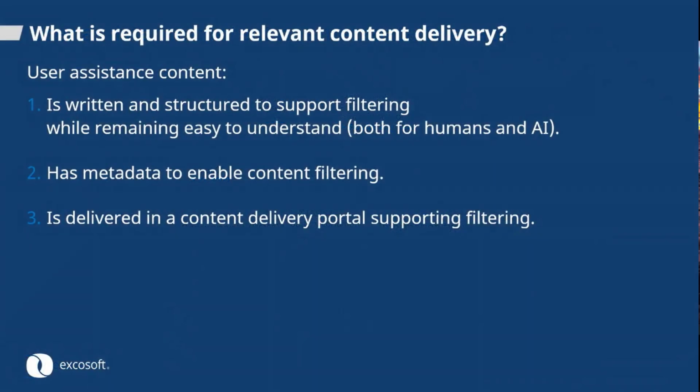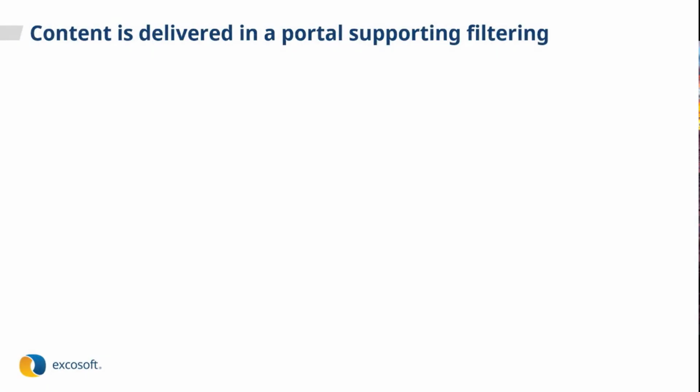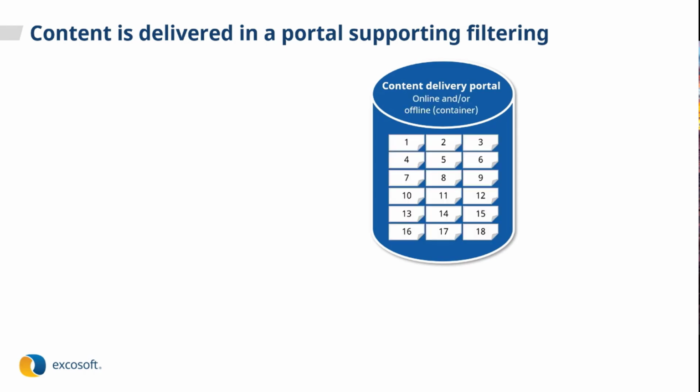So, assuming that the content is written as standalone topics and it has metadata, we need in a way to support the user to do this auto-filtering. So one approach, one idea, is to use the content delivery portal, which can be online, offline, which contains all the standalone topics. So 1 to 18, each of these boxes is a standalone topic.